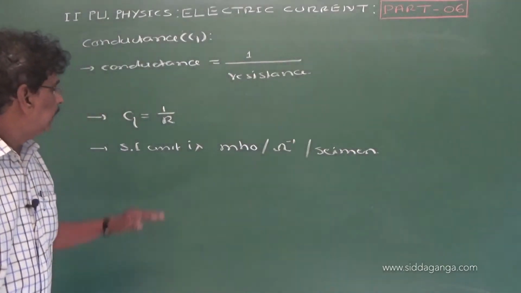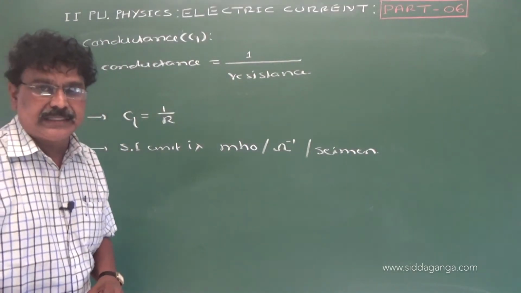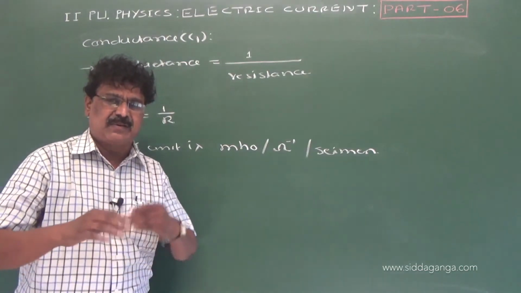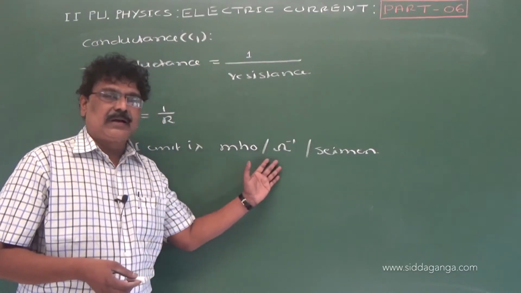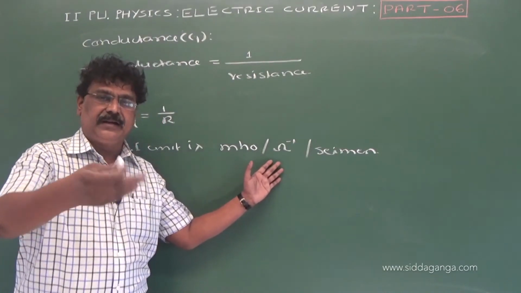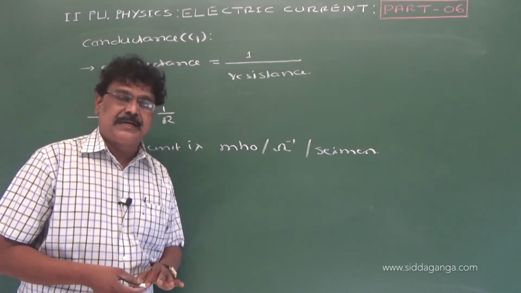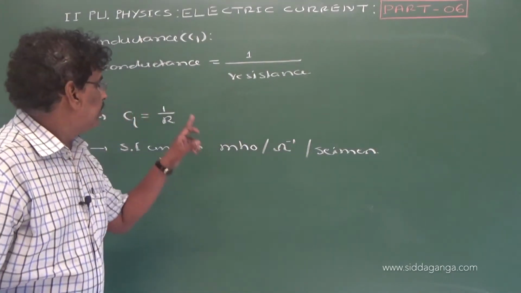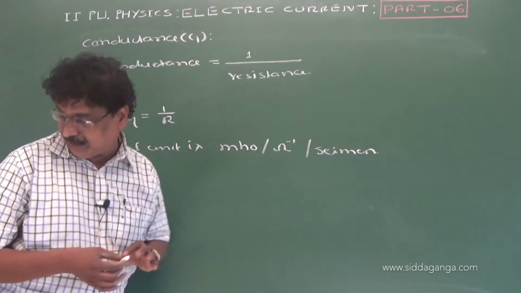It is the SI unit of conductance. That's all about conductance: what is conductance, how it is defined, and the different units in which we can measure it. But generally, resistance is more important than conductance.